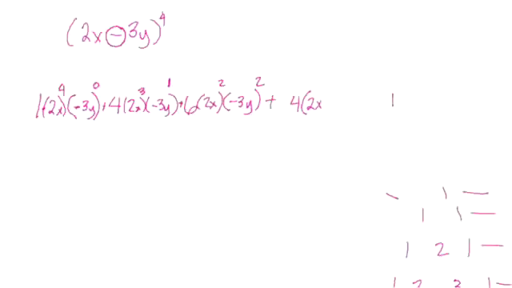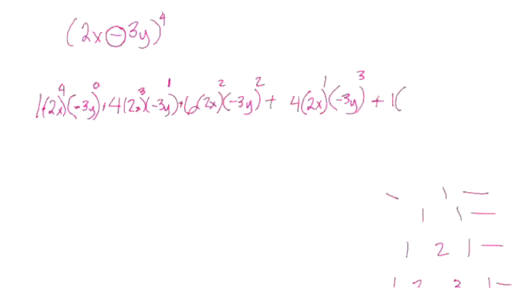So then I'm going to take 2x, and I'm going to raise that to the 4, 3, 2, 1. And then I'm going to take the second term, which is negative 3y, and that's going to be 0, 1, 2, raised to the 3. Then I've got plus.